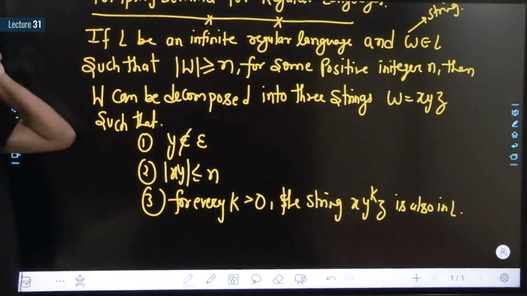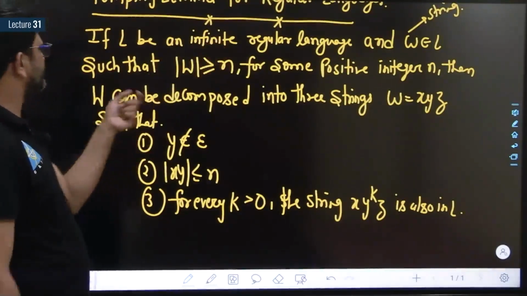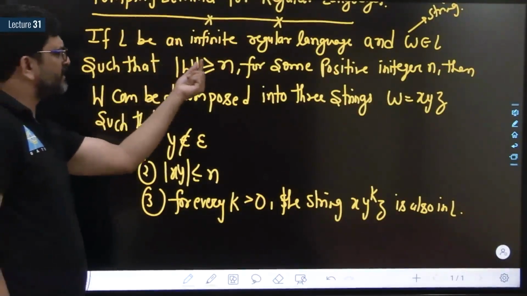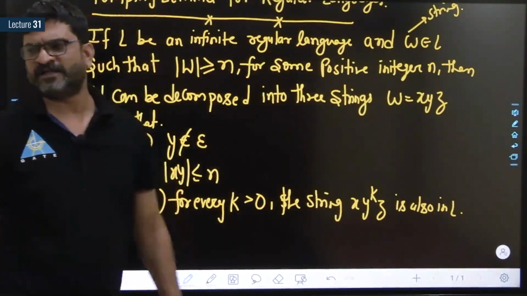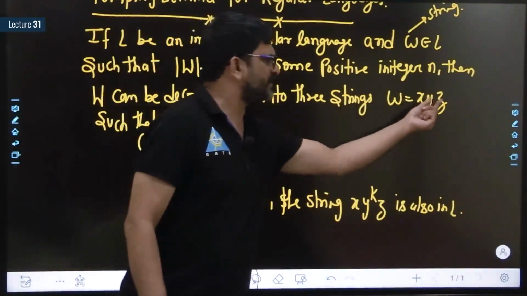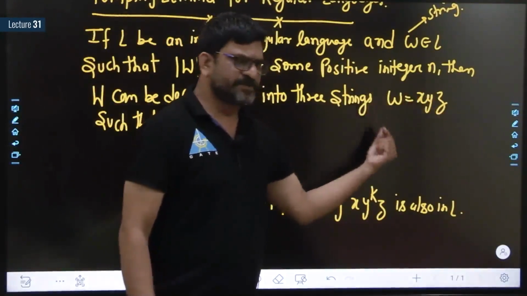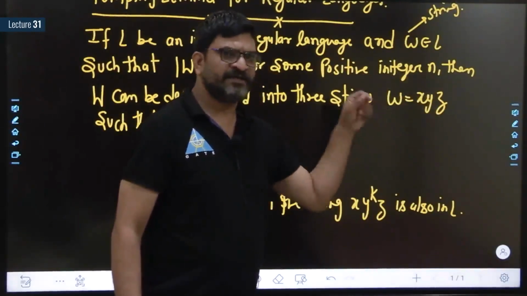If L is an infinite regular language and string W belongs to L, suppose there is any string belonging to the language such that the length of the string is greater than or equal to n for some positive integer n, then W can be divided into three parts, X, Y, Z. Y cannot be epsilon, and the length of XY is less than or equal to n.